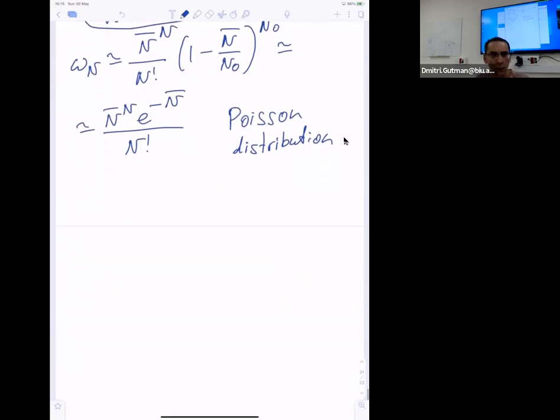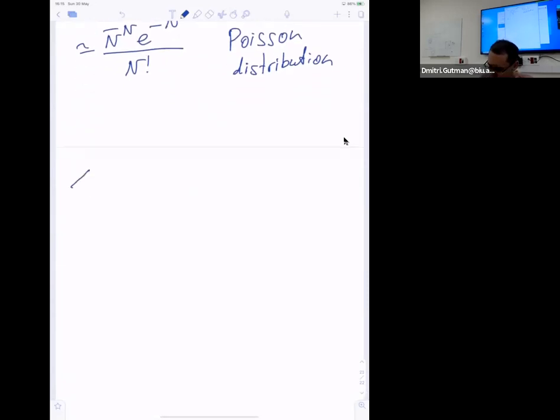Now, what do we know about Poissonian distribution? Let us compute with this distribution an expectation of the square of number of particles in this volume. So this would be the sum where n runs from 1 to infinity, n to the power 2 W n.